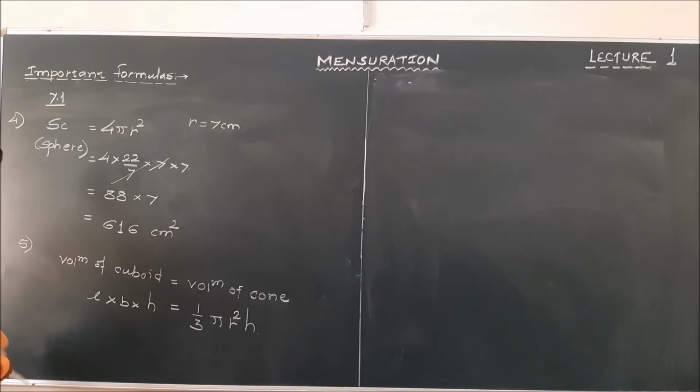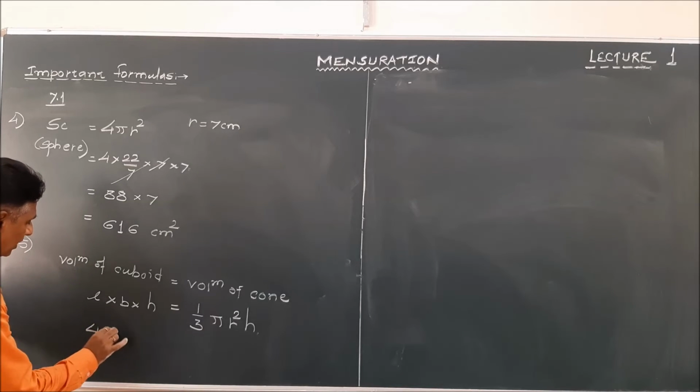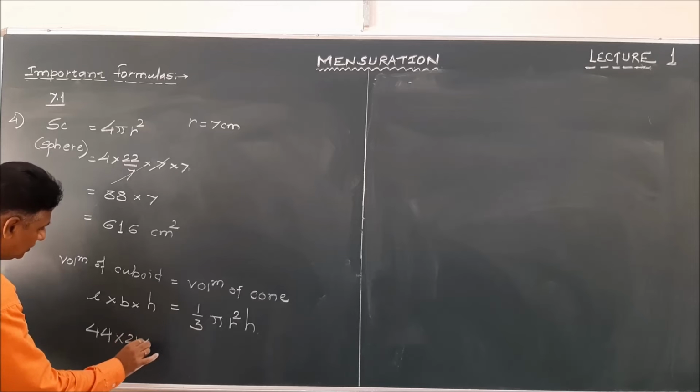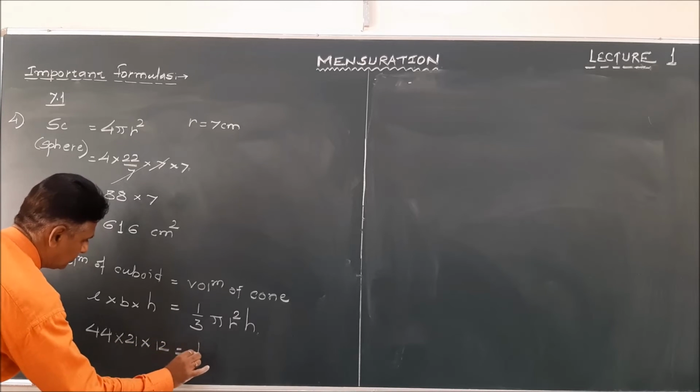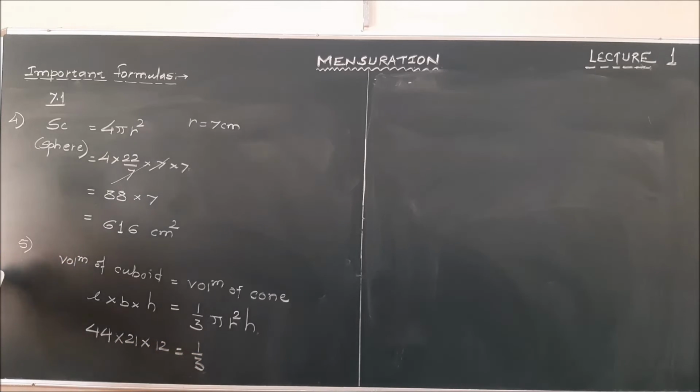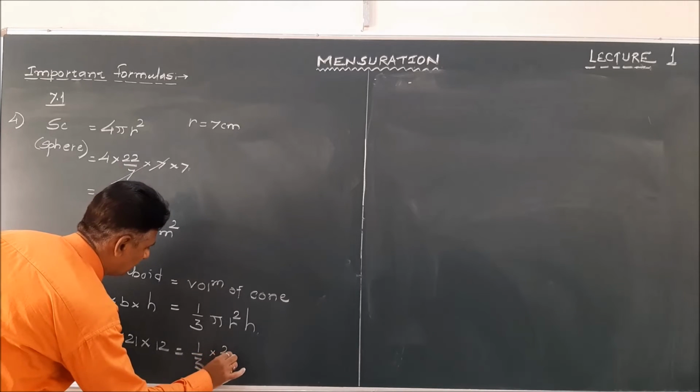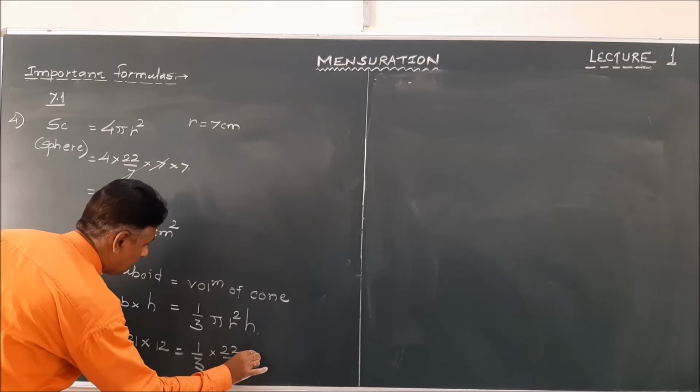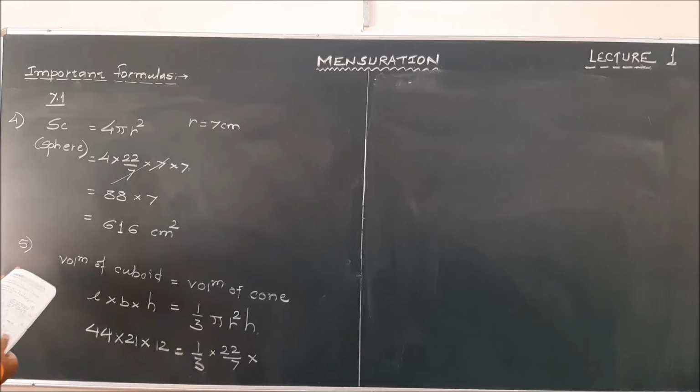Now length, breadth and height are given as 44 into 21 into 12. That is equal to 1 upon 3 pi, this time pi is 22 upon 7. Radius we have to find out.